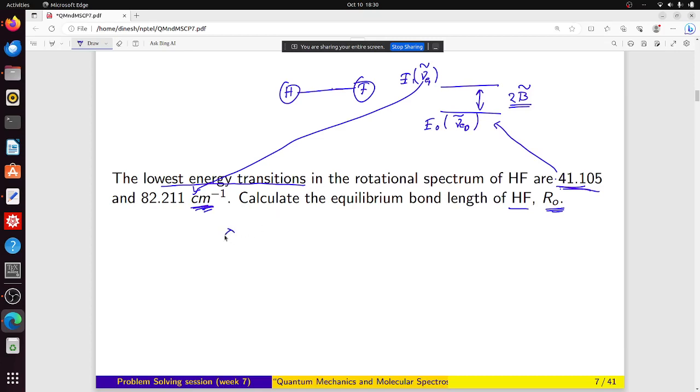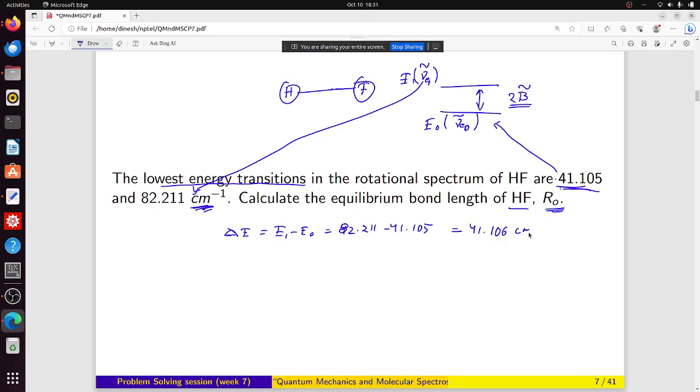So delta E is E1 minus E0, which is 82.211 minus 41.105. So this will give me how much?